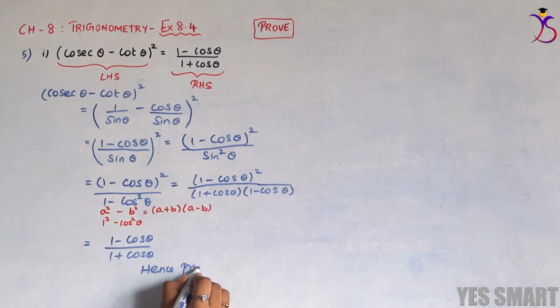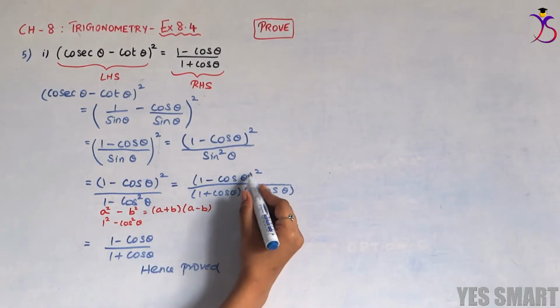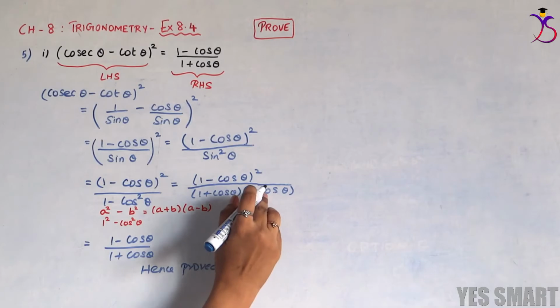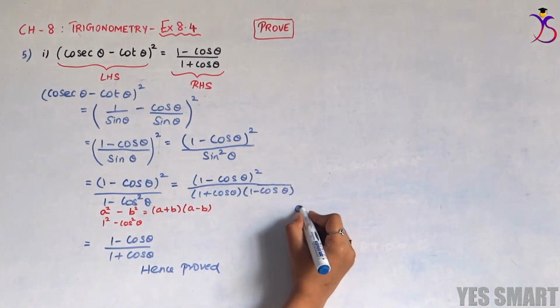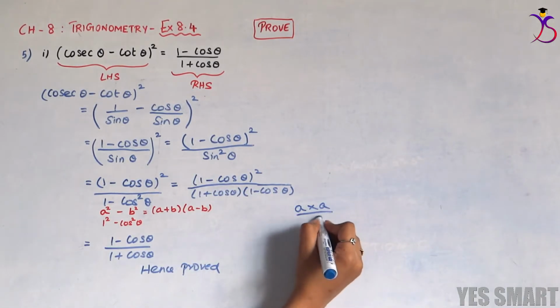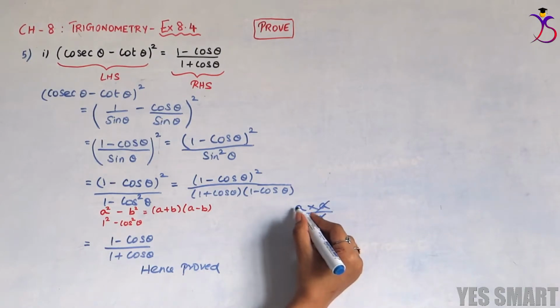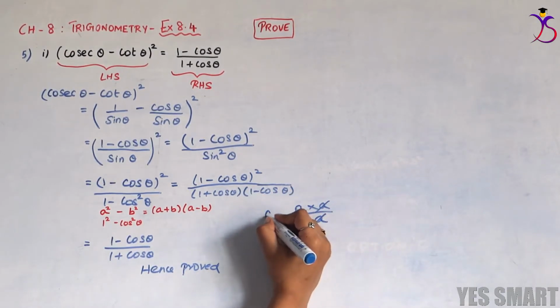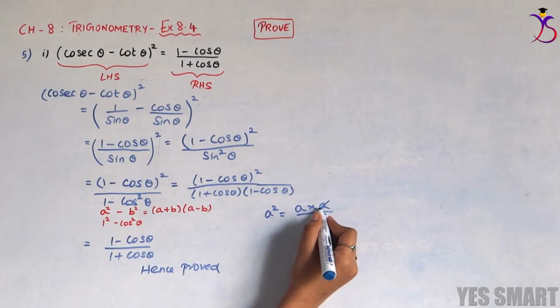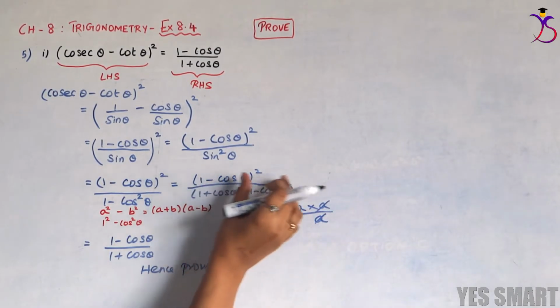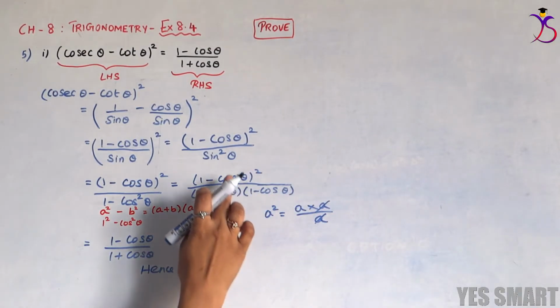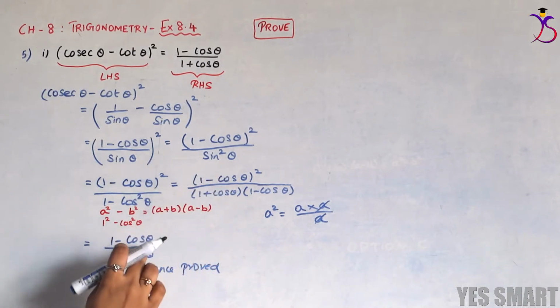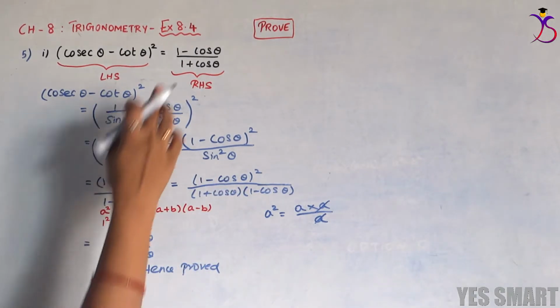To be clearer about this cancellation, it is like we have a into a in the numerator and a in the denominator, so we are cancelling one term. Therefore the other term remains in the numerator, which I have written here. Hence proved.